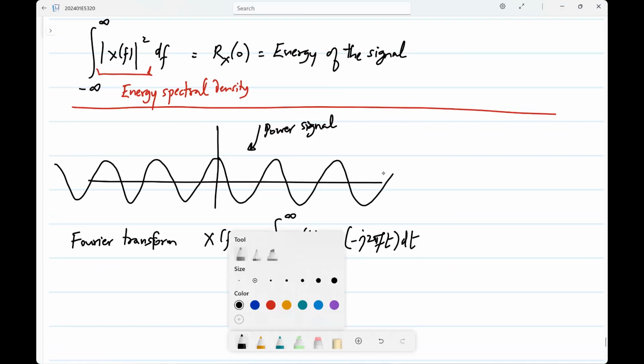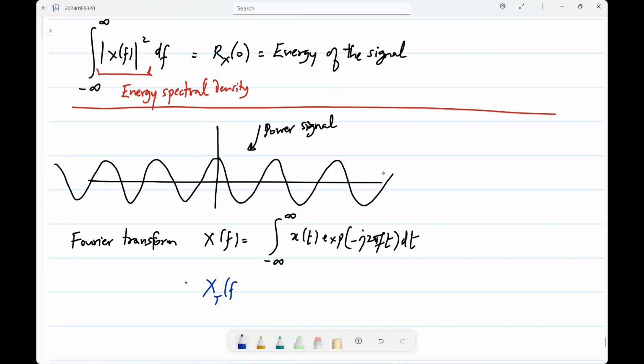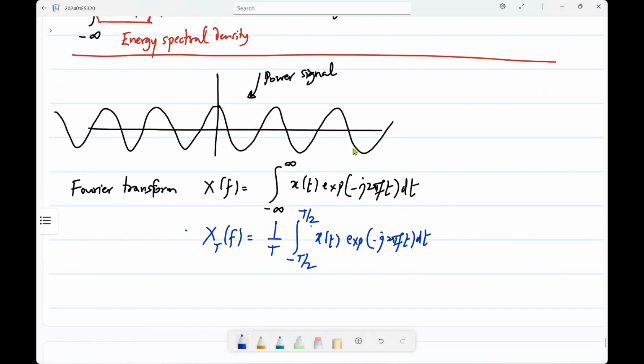So we define something that looks similar, and in fact is related. Let's say I define this over a window of width t, and then take the average, dividing by t. Now you expect that because you are dividing by t, this will converge. And that is exactly what happens.